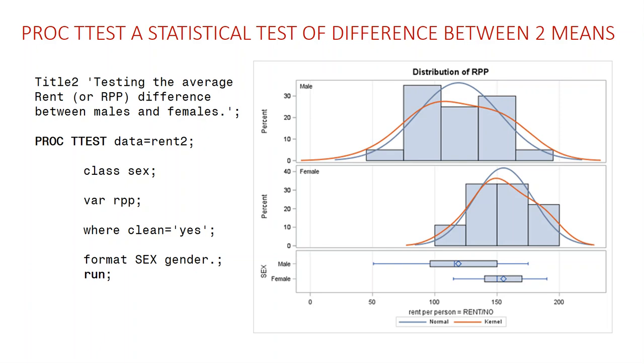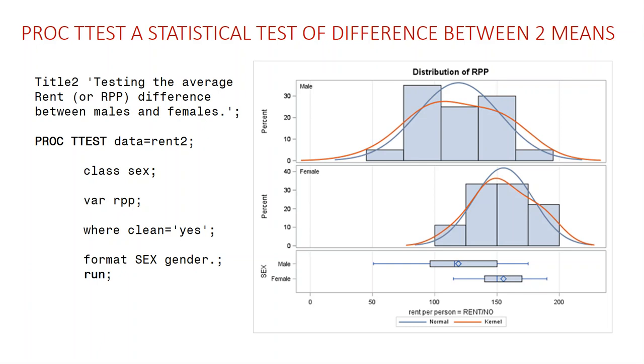So we're really testing here the null hypothesis that the rent per person is not different by sex, and we want to reject that hypothesis in favor of the alternative, in which case, according to the graphs here, the distributions, the alternative being that females actually do pay a premium.